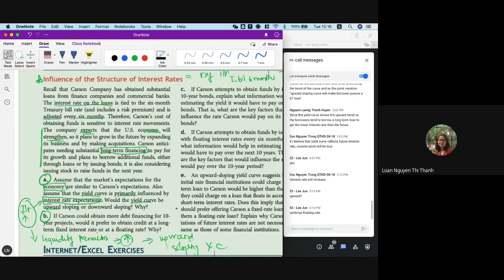Come back to the point questions, right? The same idea as the point questions. What reason do you think for continuing the floating rate?